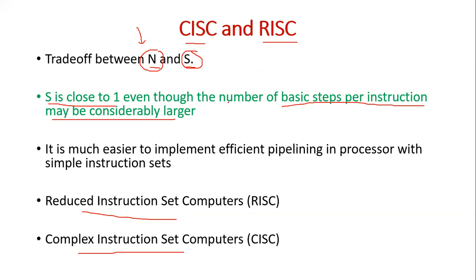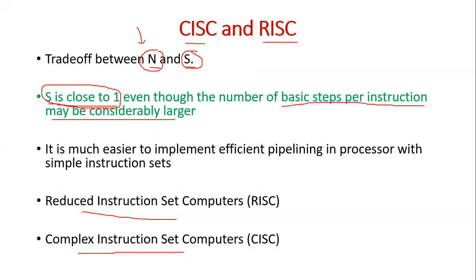No, by using pipelining, the effective value of S will come to 1. Because when you use pipelining, more than one instruction is executed in pipeline fashion, so the effective value of S will be reduced. Okay. So you can bring S close to 1 even though the number of basic steps may be larger.